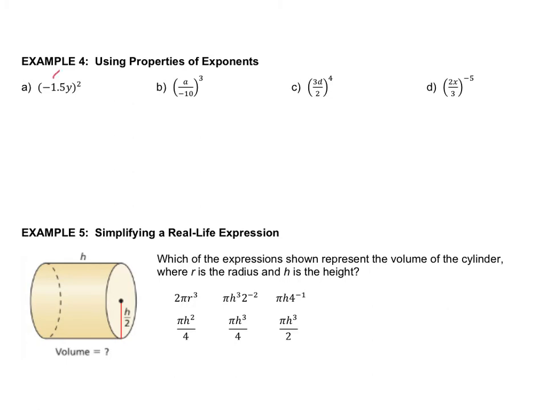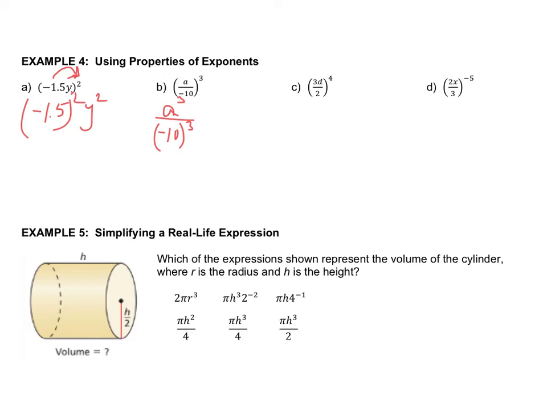So the negative 1.5 has to get the 2, and the y has to get the 2. So it has to be negative 1.5 to the 2nd power, y to the 2nd power. On the next example, the same idea. My numerator has to get that, and the denominator has to get that. So power of a quotient.